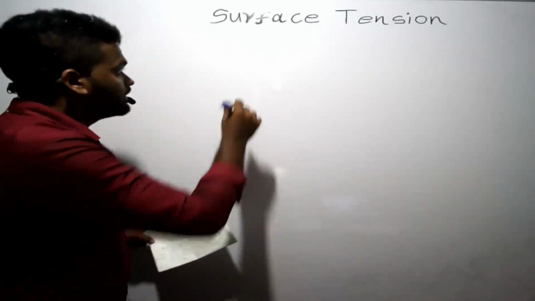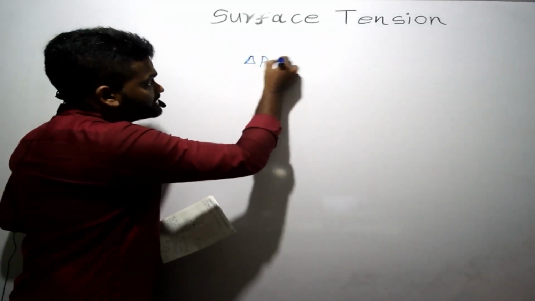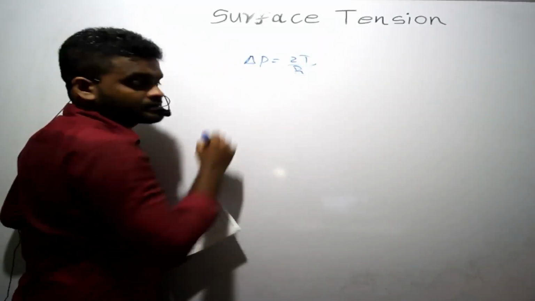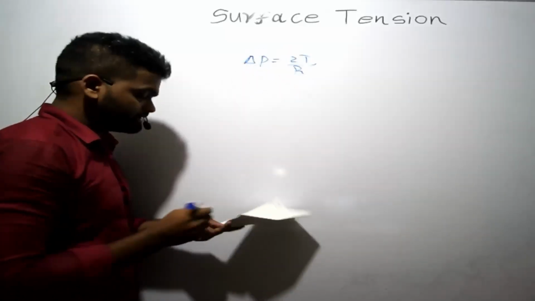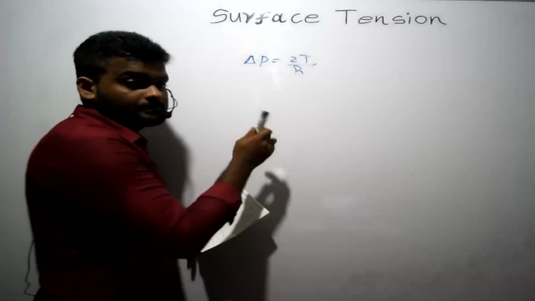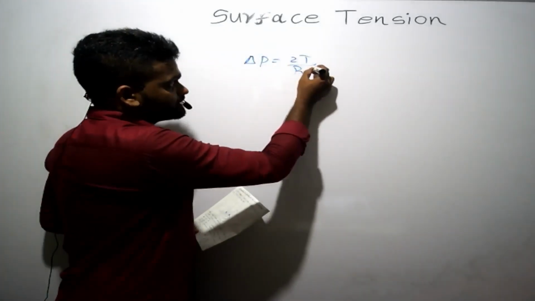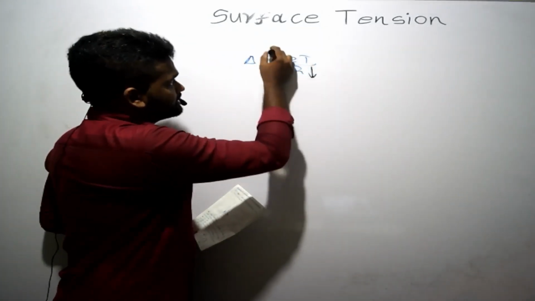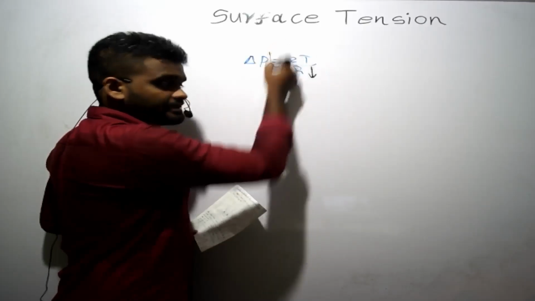Then, so we know this equation, right? 2T over R or 4T over R, it doesn't matter. So according to this, if R decreases, delta P increases. If it increases, delta P decreases, right?